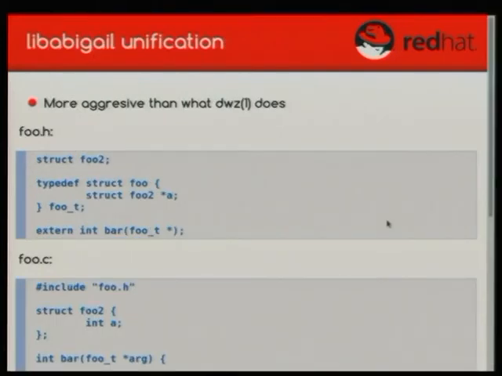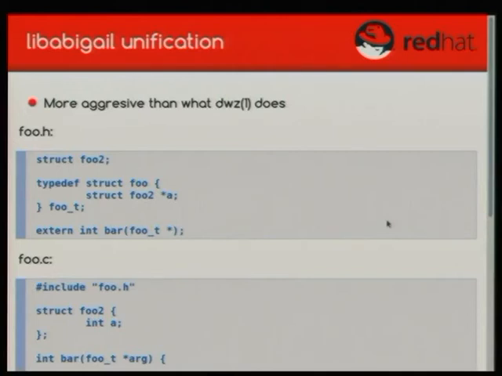So when I'm saying that it's more aggressive, what does it really mean? This is the most trivial example I can show you. Let's say there's one header file which defines one structure, foo, but it only declares the inner structure. So for the structure foo2, we have just a declaration. We can't say anything about its size. We don't know what it is.